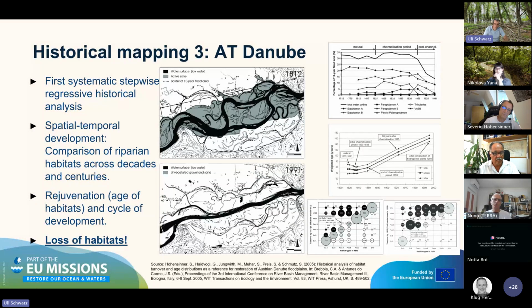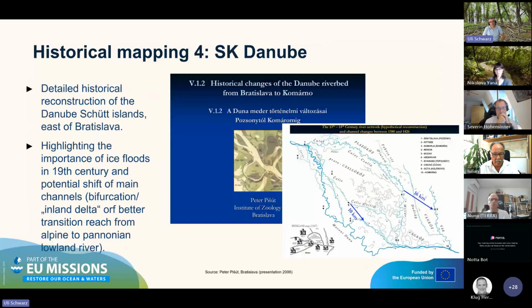We have riprap on the river, we have hydropower regulation, we have the big flood dikes, and everything is changed. While in the past, the habitats shifted between 30, 40, 50 years. And this is really stunning and very important knowledge that we gain here from Severin's work for Austria.